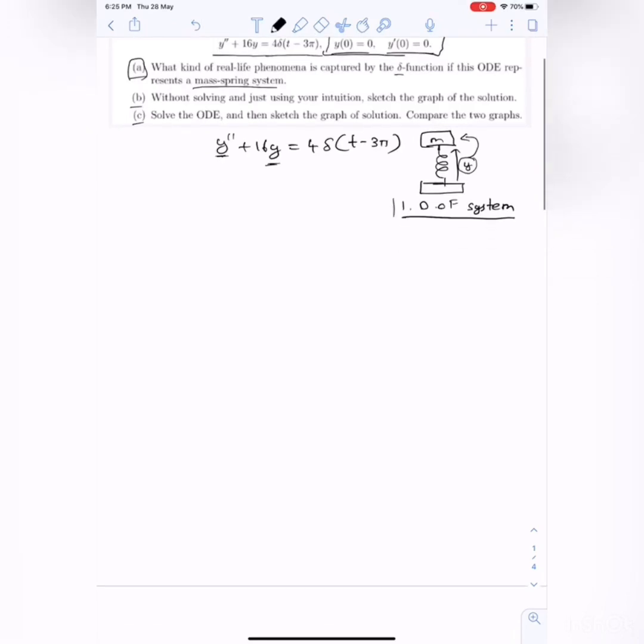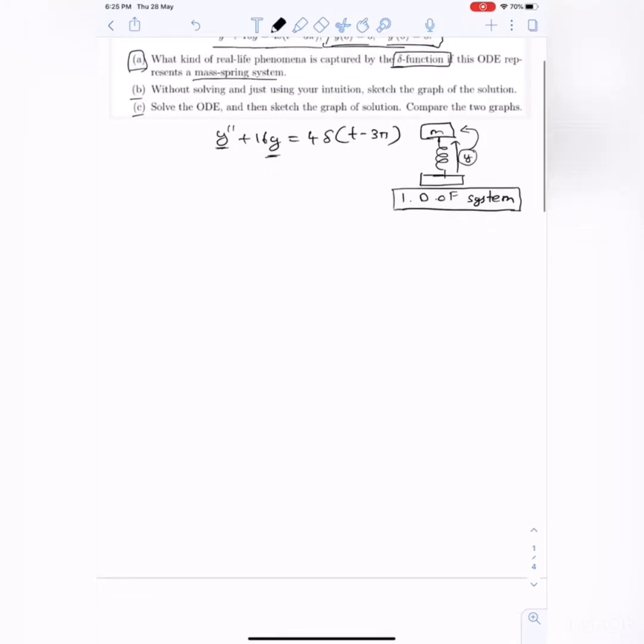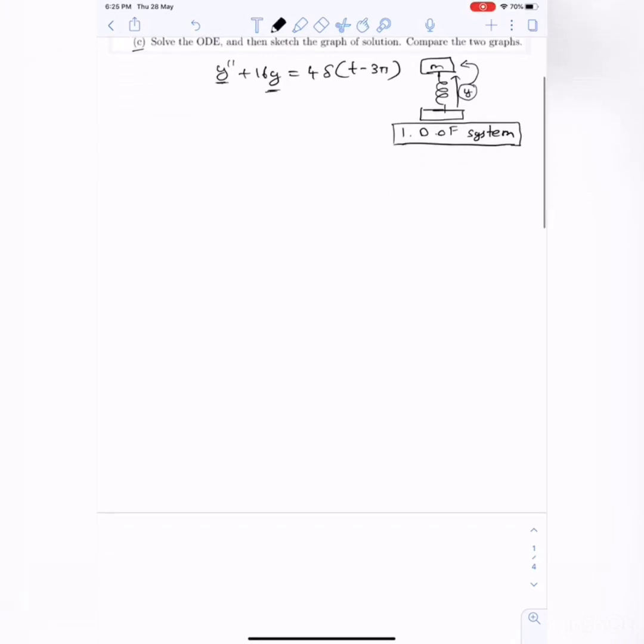Okay, so with this we'll be able to relate where we can use this. They've also used the direct delta function. One such place where we can actually use this is making our model much more practical. I'll tell you how. Say you're designing a suspension system of a car.